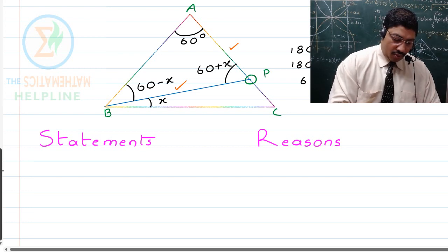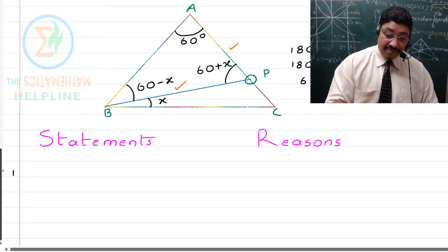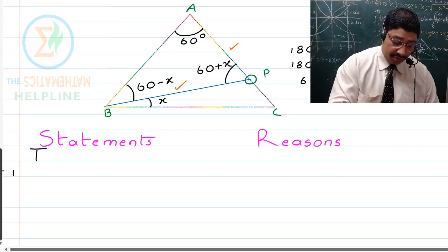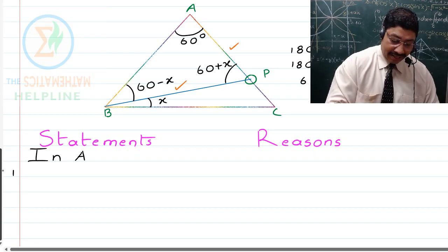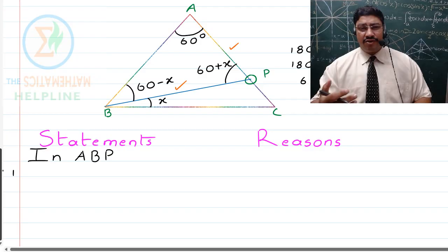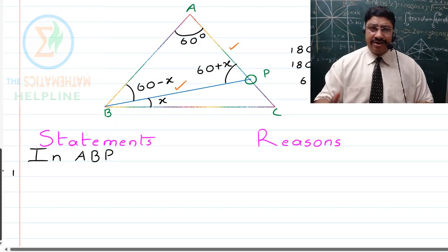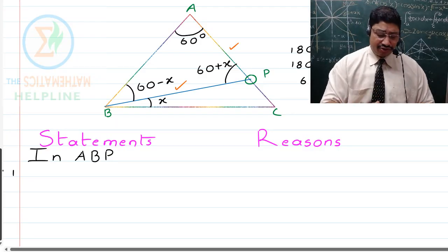Now we talk about the first statement, and before that, we'll be talking about which triangle we are dealing with, that is in triangle ABP. So the things can be very clear. When we talk about a specific angle, it can be understood that it is actually in this triangle, right?